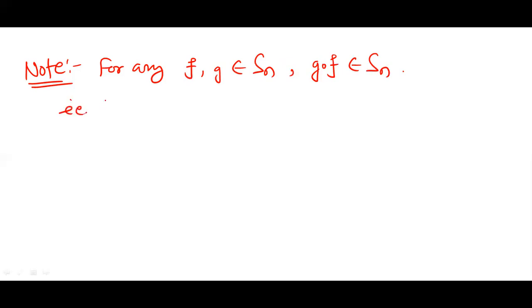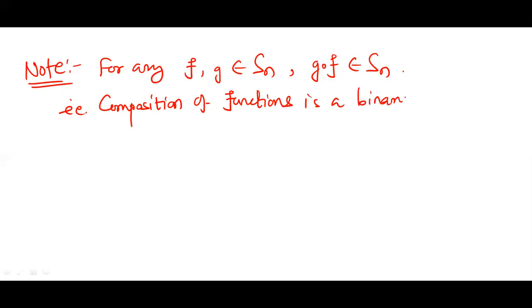That means we can conclude that composition of functions is a binary operation on Sn.